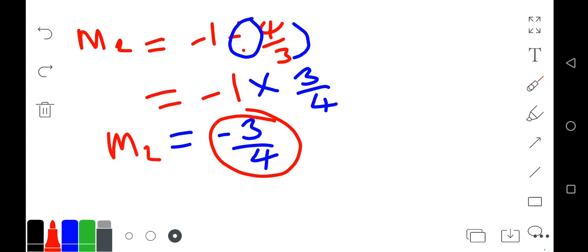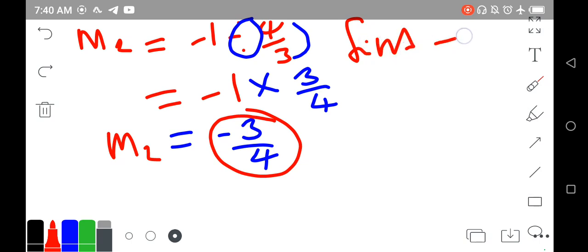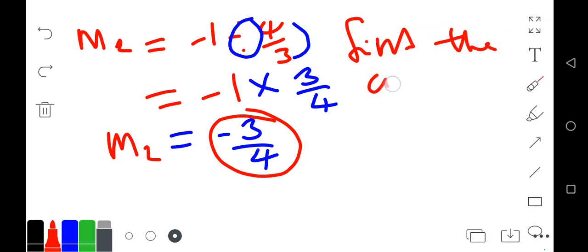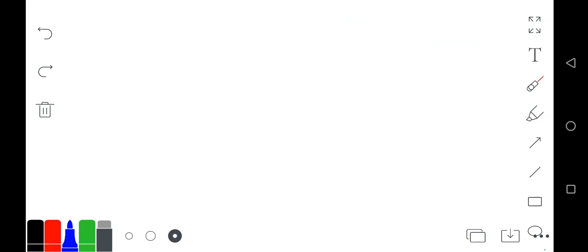Okay. Now after that, you need to find the constant, which we are calling c. And now we know that y is equal to mx plus c.